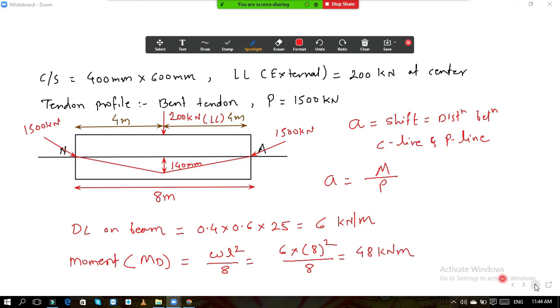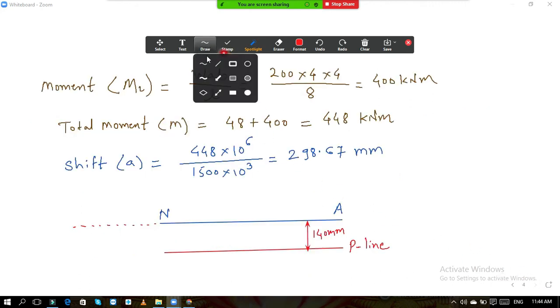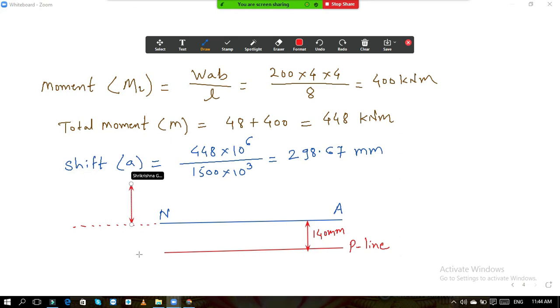So now that border also we will draw in terms of distance. So here at the topmost fiber, what is the distance of this topmost fiber? It is 300 mm. And if I see the fiber at the bottom, this is 140. So below this, here somewhere we get this level 300 mm.